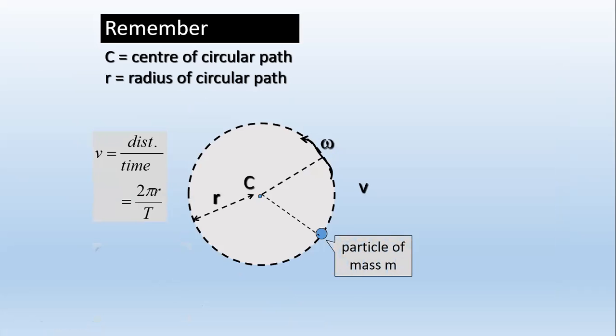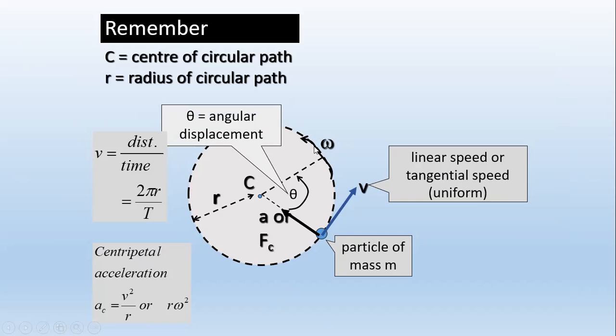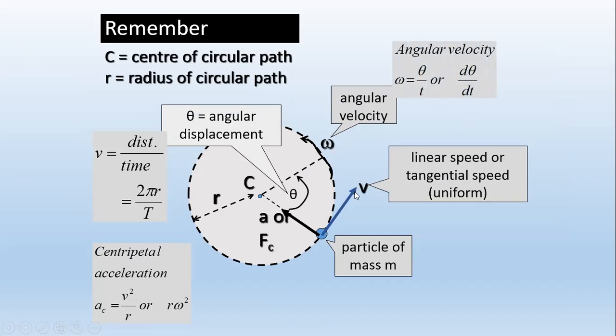Okay, so these are things you need to remember. All these formulas you need to remember. Know the direction of centripetal force, tangential velocity, mass. If they are given, you'll be able to draw that. There's the angular displacement and the angular velocity. Not angle, angular displacement. This is called tangential linear speed, linear velocity, or tangential speed, tangential velocity.